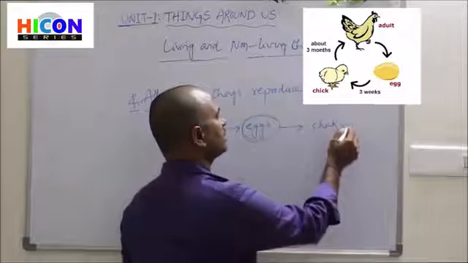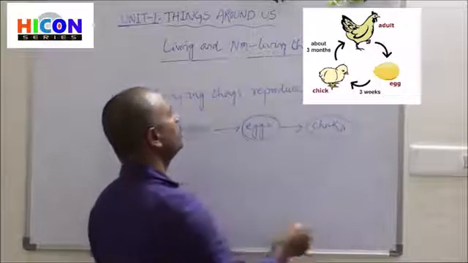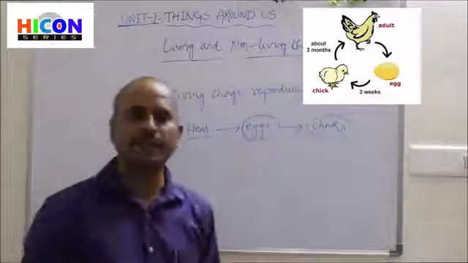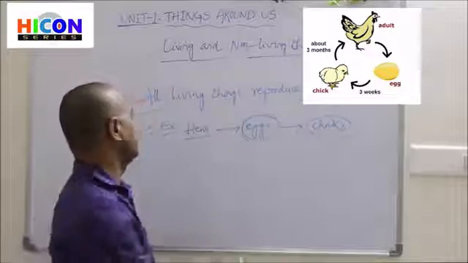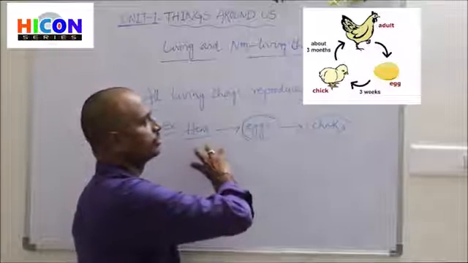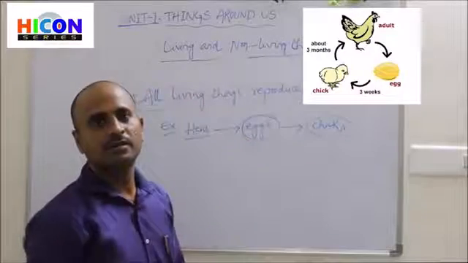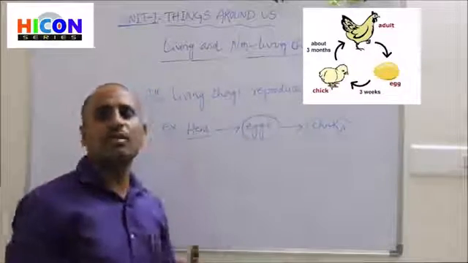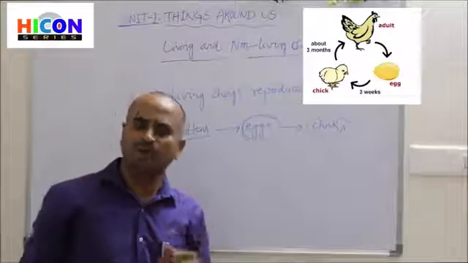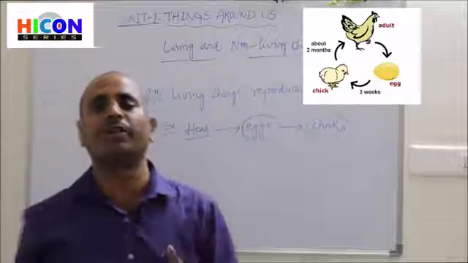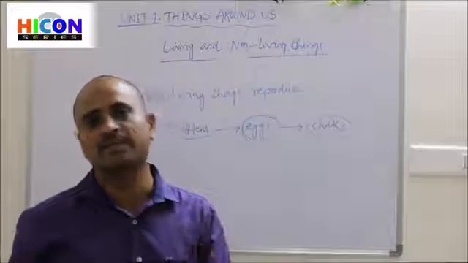After some days, the chicks will grow into big hens again. In this way, hens reproduce their new ones by using eggs. Not only hens, all birds reproduce their new ones with eggs.